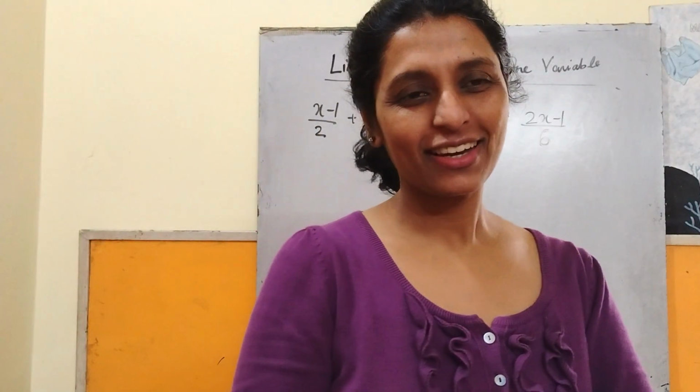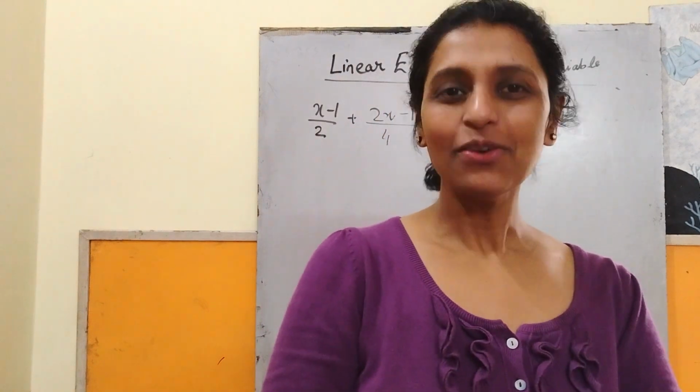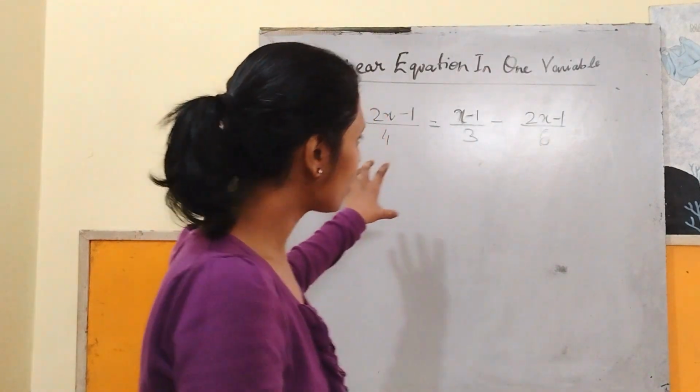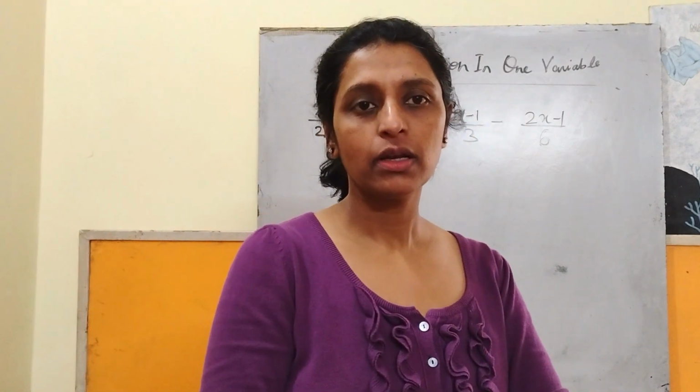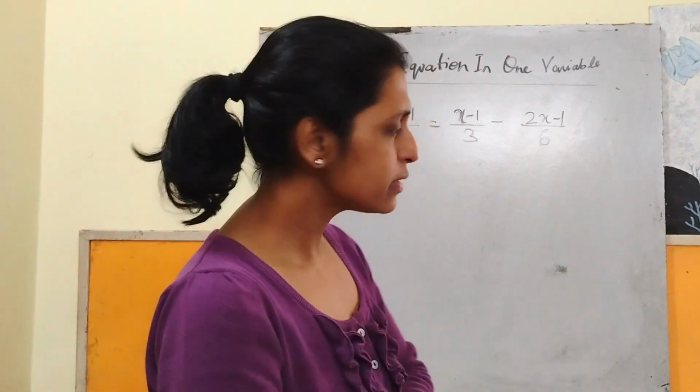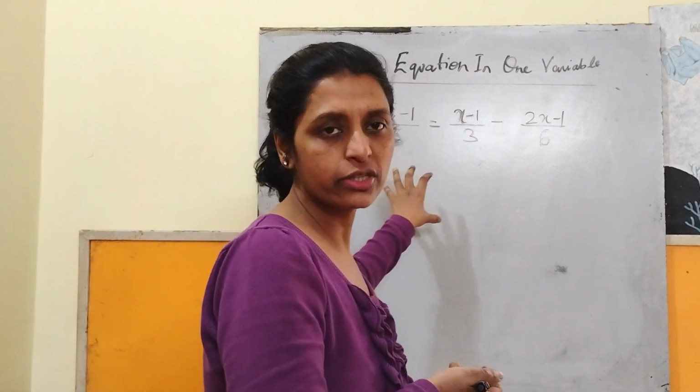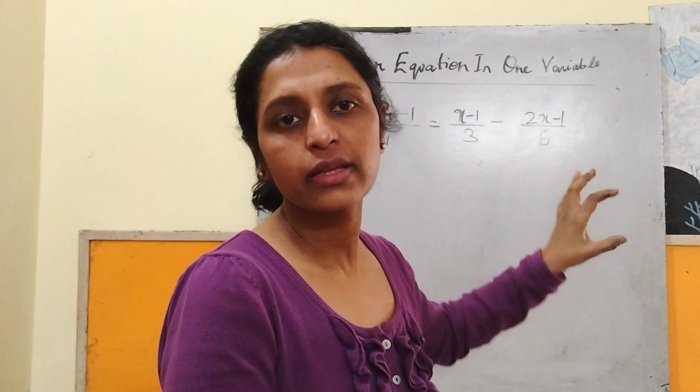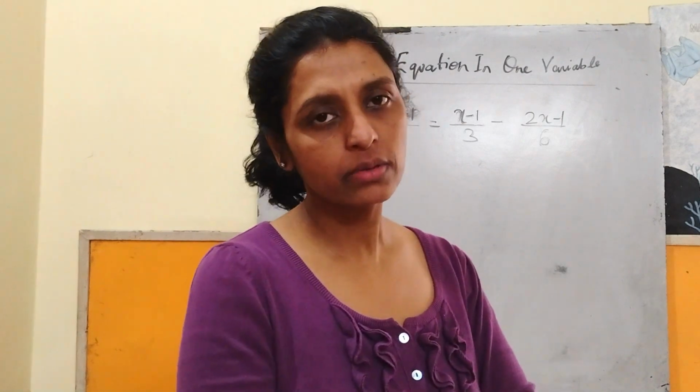All are doing well. So in this video, I'm going to solve some equations, that is, linear equations in one variable. Linear equation means the equation in which the variable has degree 1.